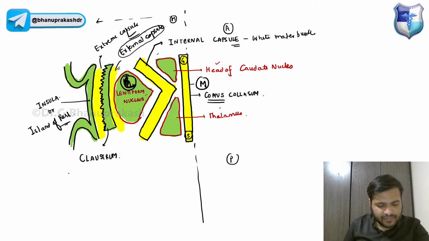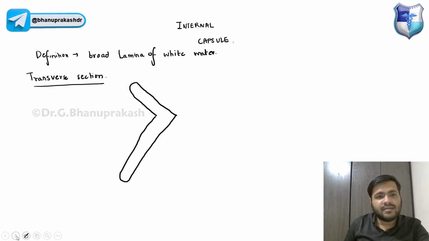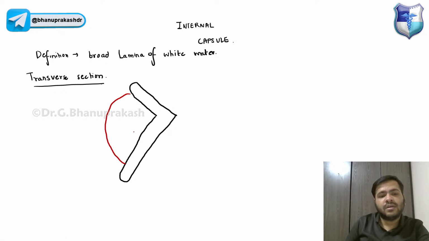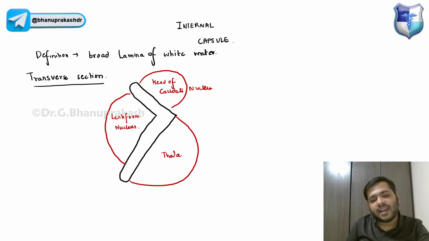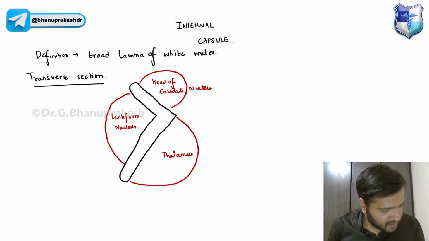So basically I can simply draw over here: we have this lentiform nucleus, and medially we have two structures. We have the head of the caudate nucleus, and we also have the thalamus.